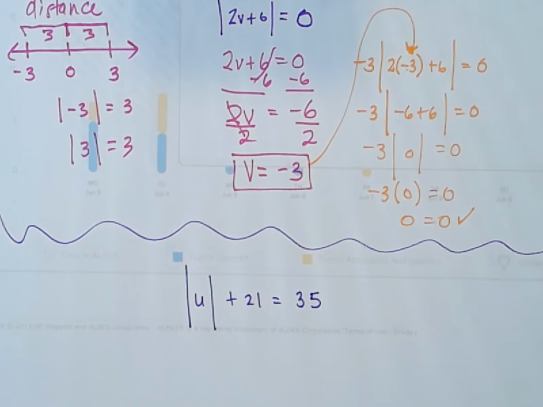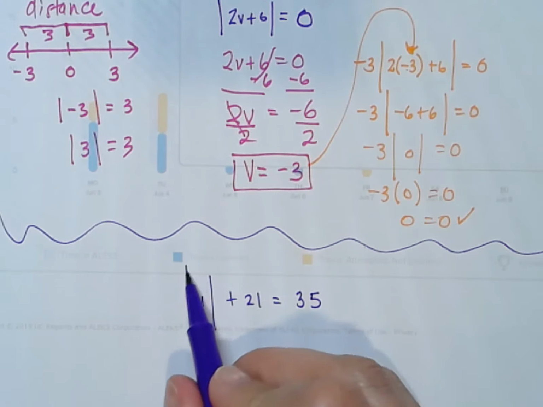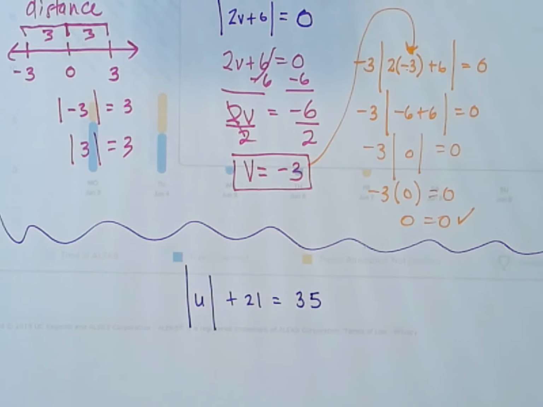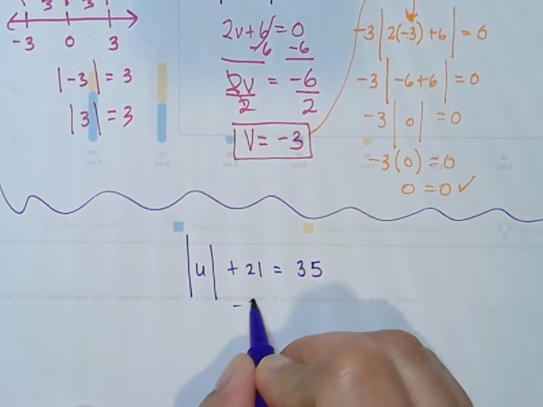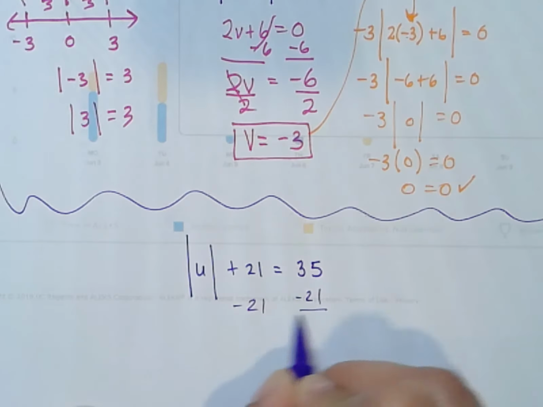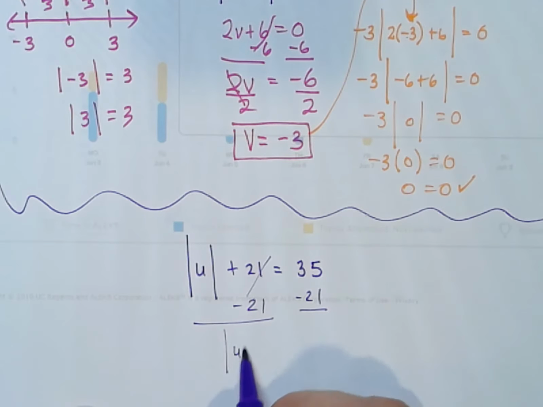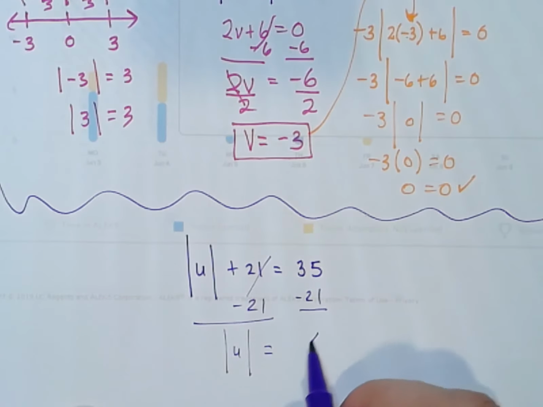Okay? So I have to get the absolute value by itself first. So I'll subtract 21 from both sides. So I get the absolute value of u is equal to 14.